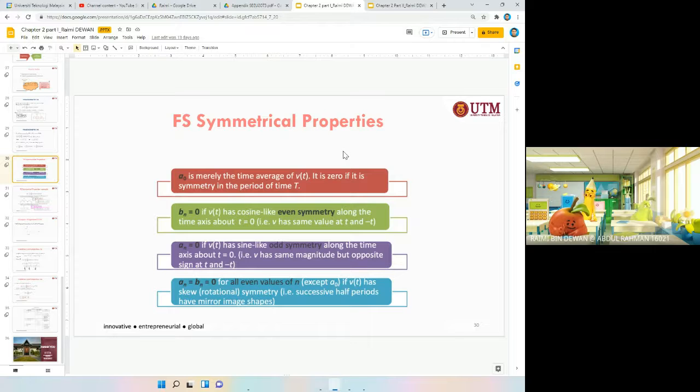So if we want to see first the Fourier series symmetrical properties, A0 is merely the time average of V(t). It is 0 if it's symmetric over the period. If we get a signal that is symmetric over the period T about the horizontal axis, A0 will be directly 0.